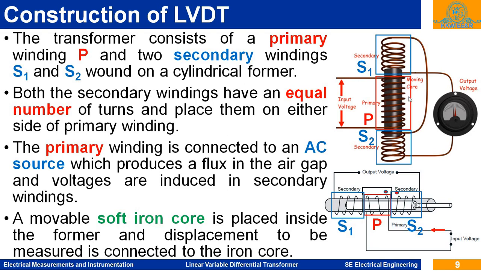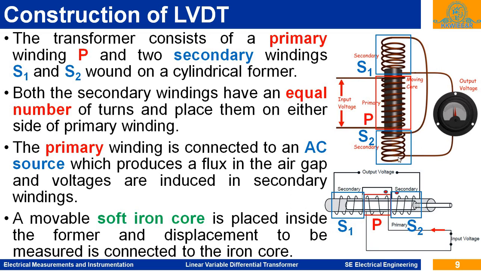Now these windings are wound on the former, and there is no iron core; they are air cored windings. To avoid the hysteresis loss and the eddy current loss, these coils are air cored coils.